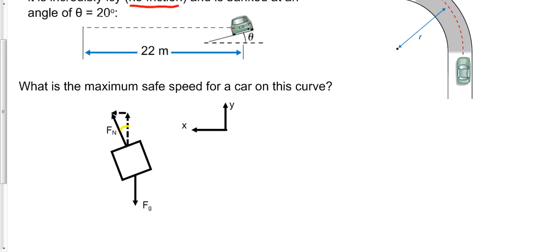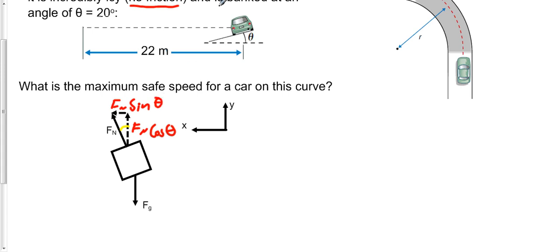So if this is our angle theta, the y component vector is just given by Fn cos theta, and the vector up here is just given by Fn sine theta.